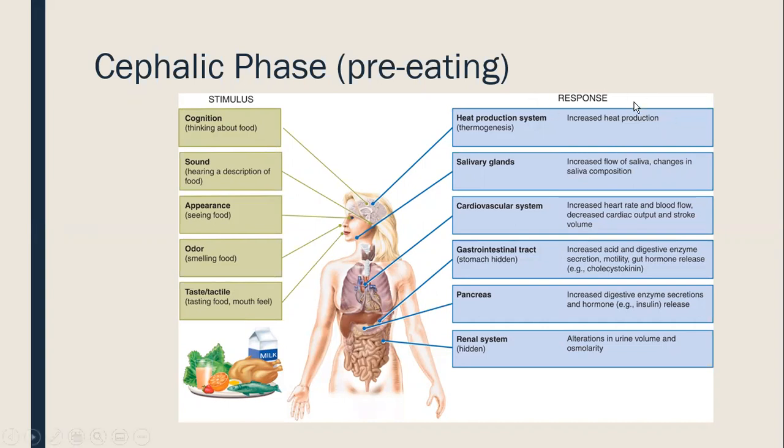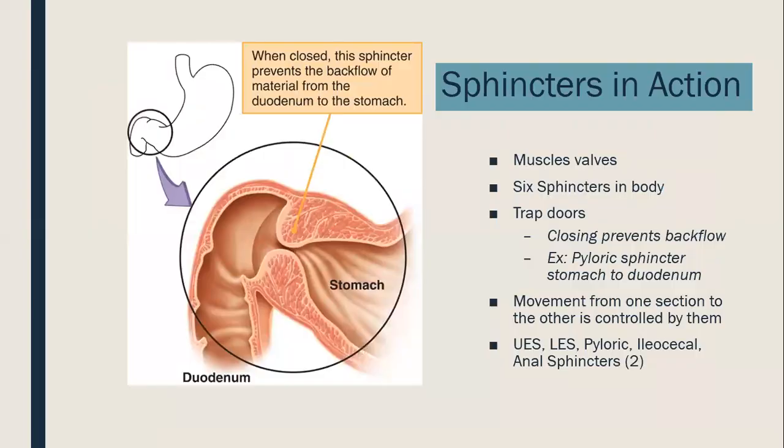And what we get is this response where our salivary glands start producing saliva in response to the possibility of food being present. We see an increased heart rate and blood flow. We see the GI tract increase acid and digestive enzyme secretion and motility. We see the pancreas increasing digestive enzyme secretions and hormones, and even the renal system firing up, where we're really just gearing up for a meal.